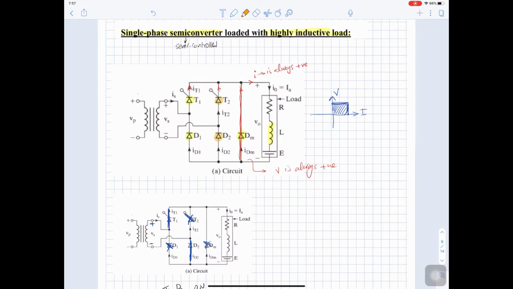So we are only using 2 thyristors instead of 4 thyristors as in the full bridge, which makes the cost of the semi-converter much less than the fully controlled one, because the diode cost is negligible compared to the thyristor cost. And still you have control, because the current goes through the thyristor into the load and comes back through the diode.